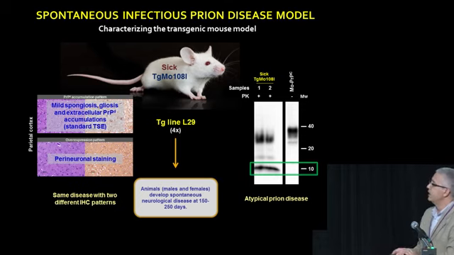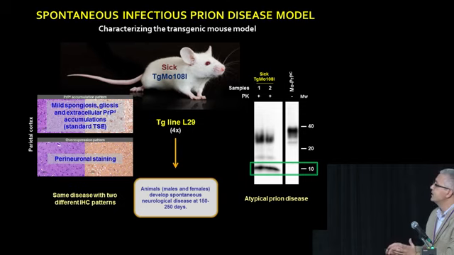What we have observed, in a similar way to the transgenic voles, the animals expressing vole PrP, is two different groups of animals, both showing the same clinical signs but with two different pathologies.